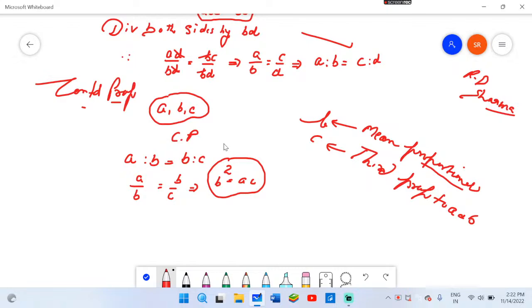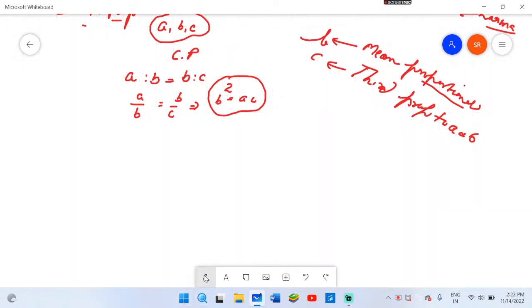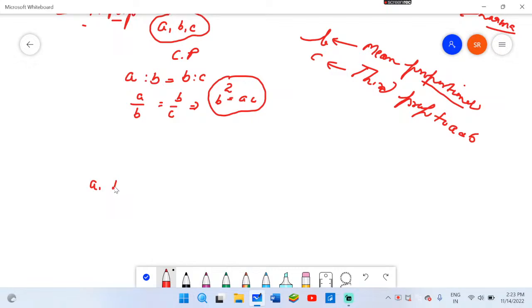So similarly, we have more than three quantities. Let us say we have quantities A, B, C, D, E, F continued.